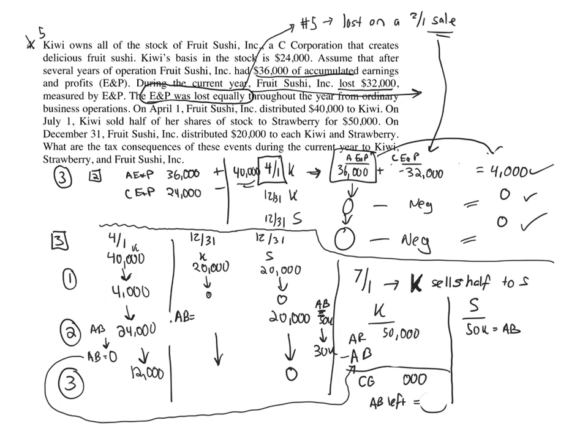Sell the stock on April 1st for there's 0 basis left. $50,000 capital gain. Adjusted basis left is 0. So that means this is also 0. It means this is 20,000. And then Strawberry stays the same because Strawberry purchased the stock for $50,000. And this all stays the same here from problem 4.